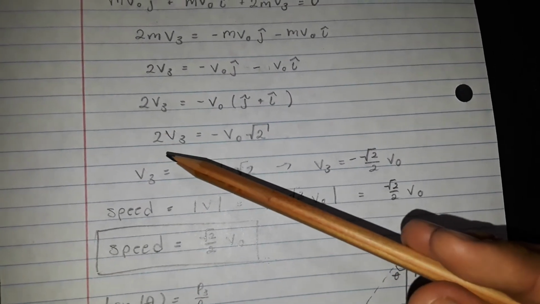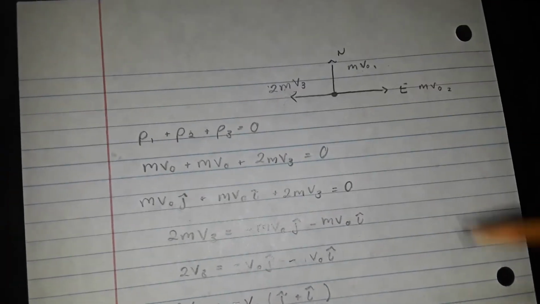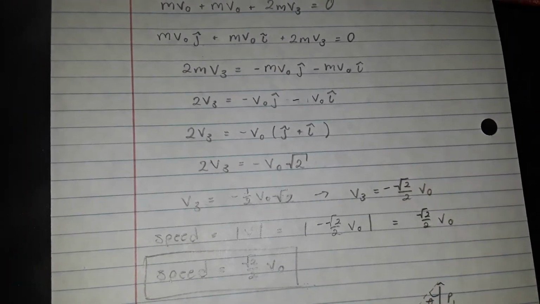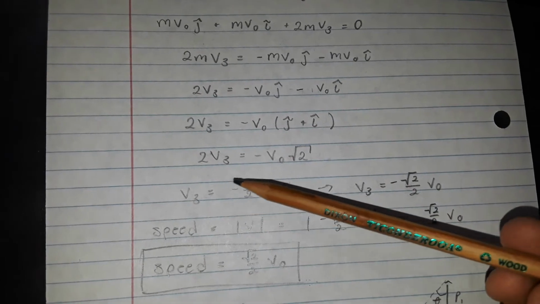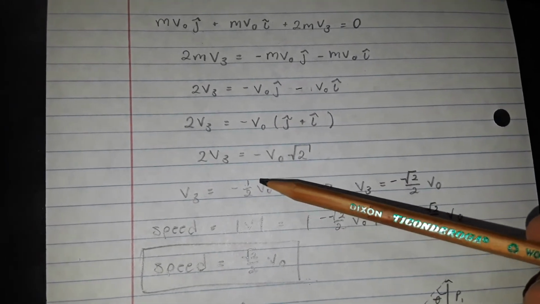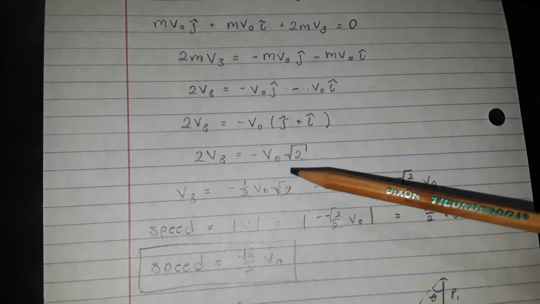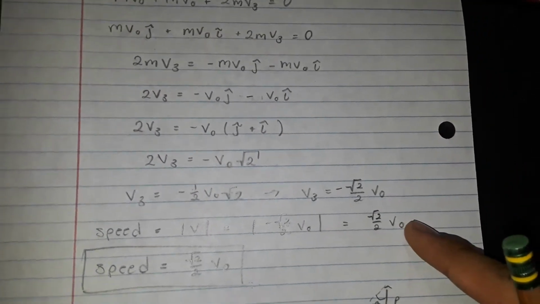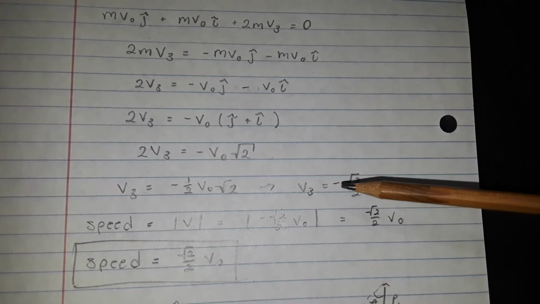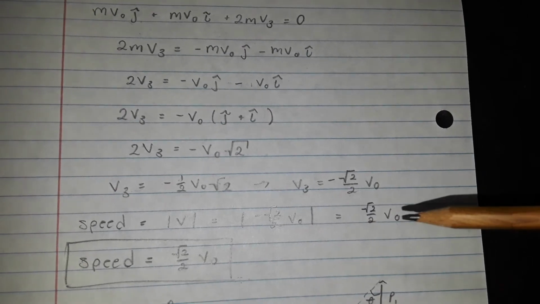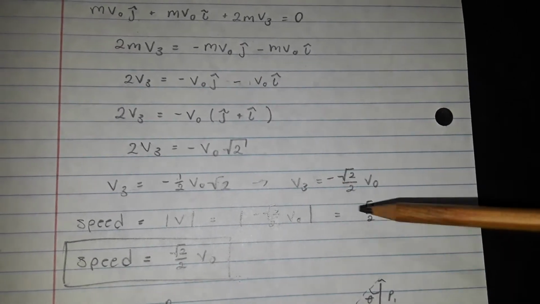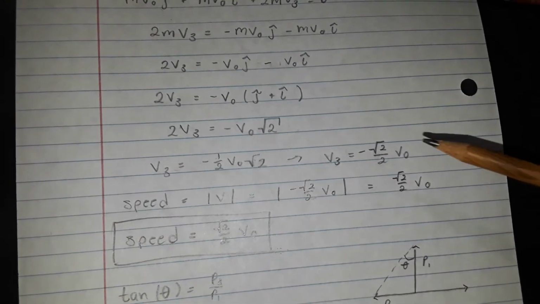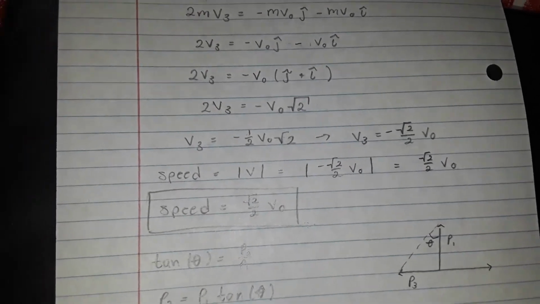Our third velocity for this particle would be represented by negative 1/2 of the velocity of the other two guys times the square root of 2, which simplifies to the square root of 2 over 2 times v naught. And this is negative because it goes in the opposite direction.